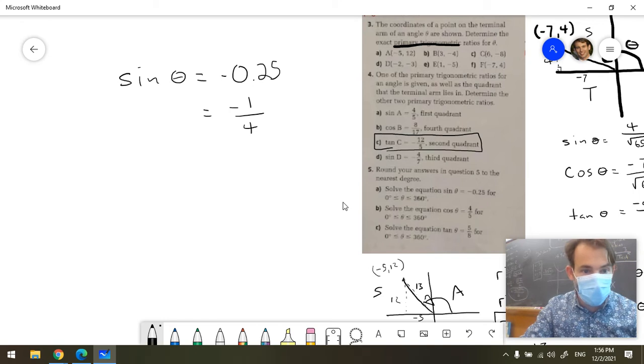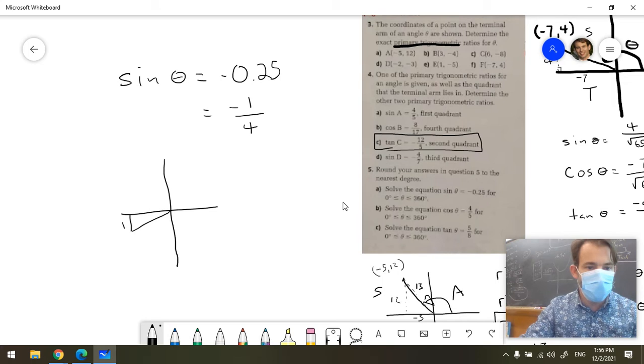Then I can even draw that as a point. There are two places where the sine is negative, and they're both down here. This is opposite over radius, so this is going to be 1, and this is going to be 4. That one will do it, and this angle over here will do it. These are both negative 1s here. Okay, so those are both my angles.